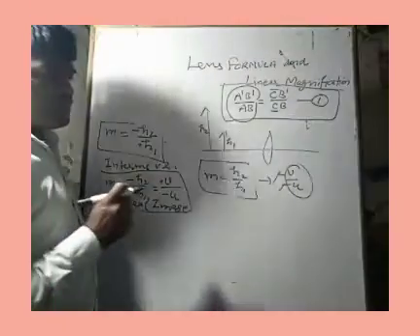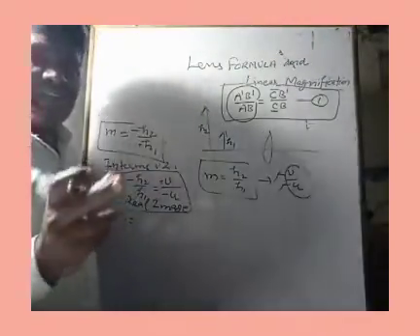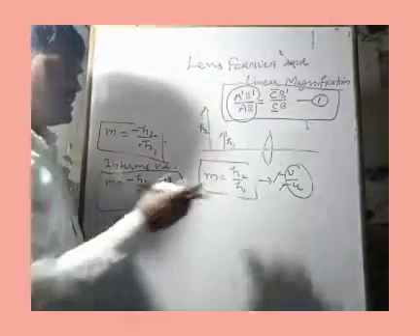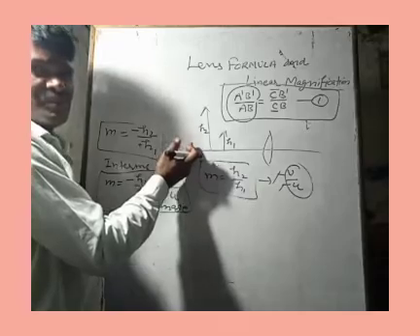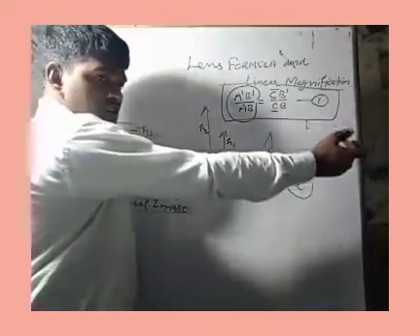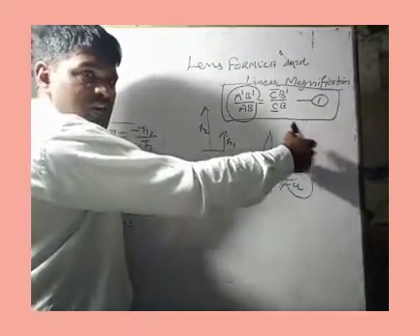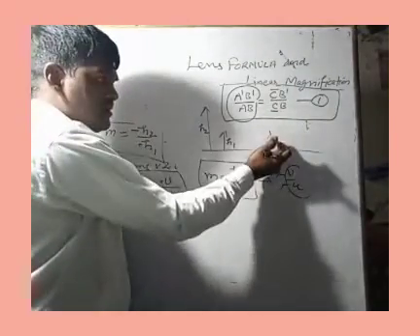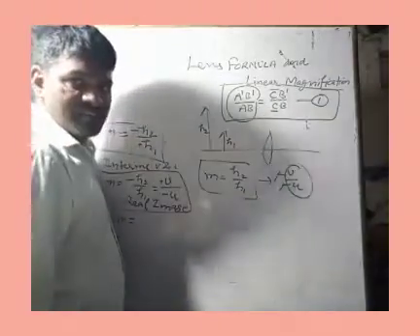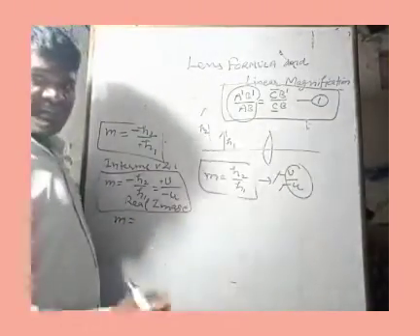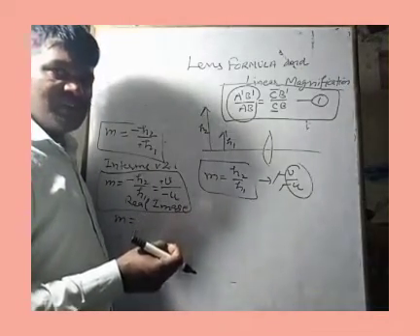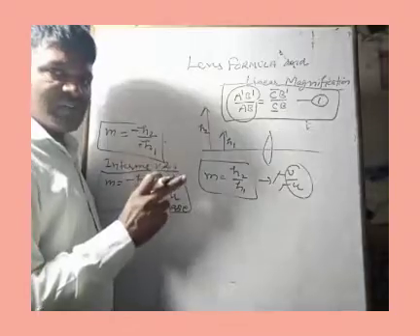Okay, one more thing you have learned here, that whenever virtual image is formed in case of lenses, it will be on the same side where object is, but real and inverted image is always obtained on the other side of the object. For example, object was here and then image will be formed at the other side. But in case of mirror, when you compare with mirror, it was something different.